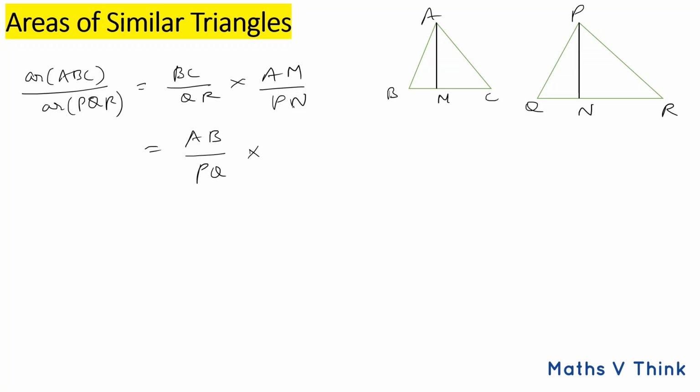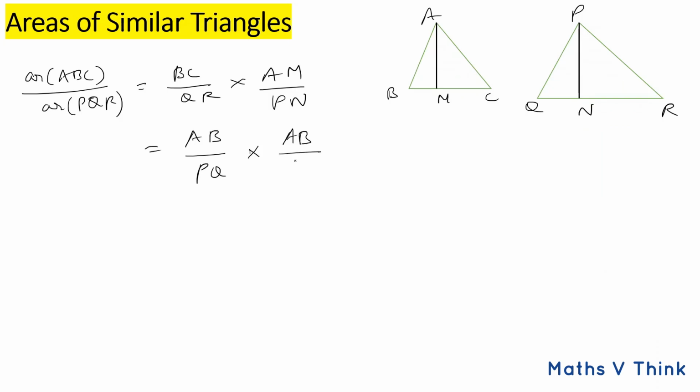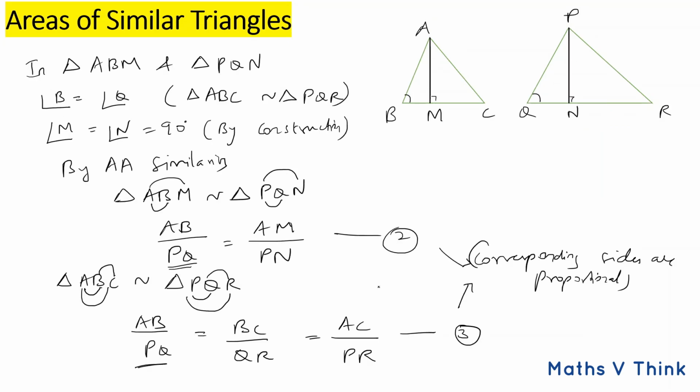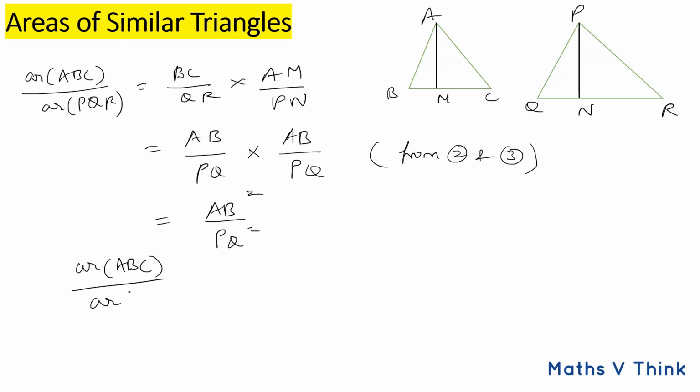Same way, in place of AM by PN, I will be substituting AB by PQ from 2. So AB by PQ, that is from 2 and 3. So I get AB square by PQ square, nothing but area of ABC by area of PQR is equal to AB by PQ the whole square.